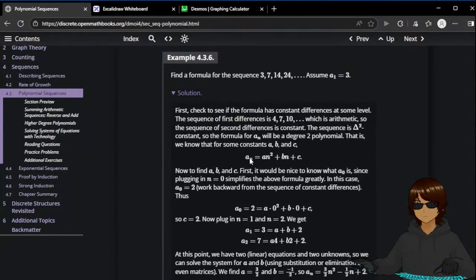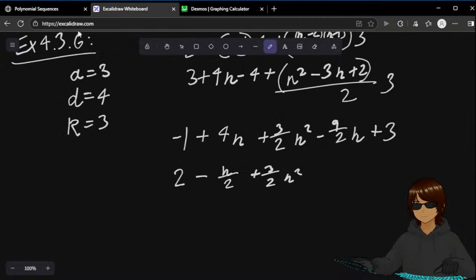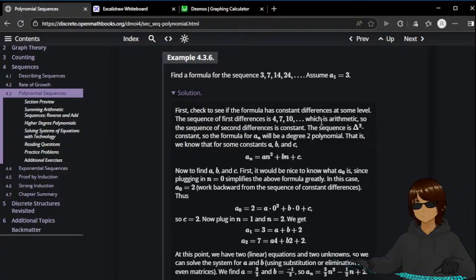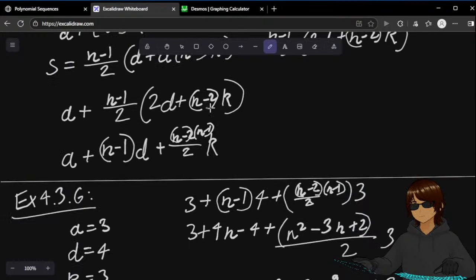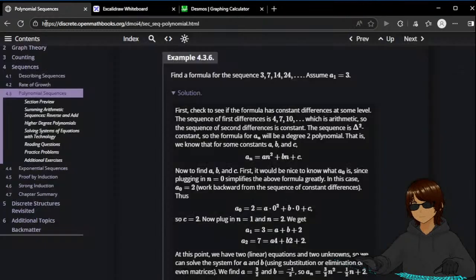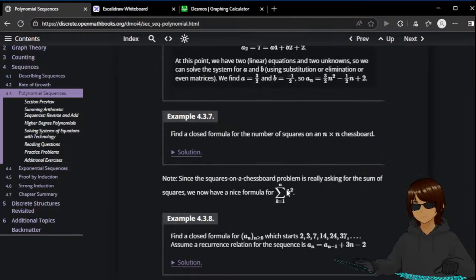How do you prove this? How do you prove that a sequence that has constant second difference has a formula that is a degree 2 polynomial? Find a closed formula.